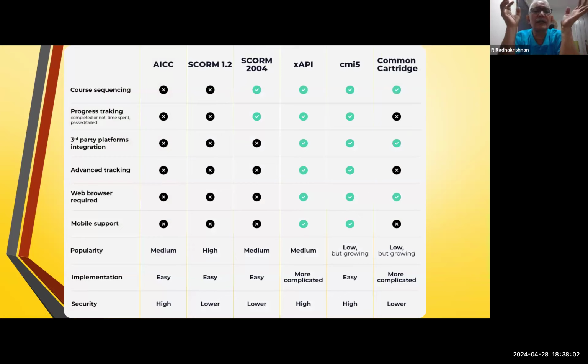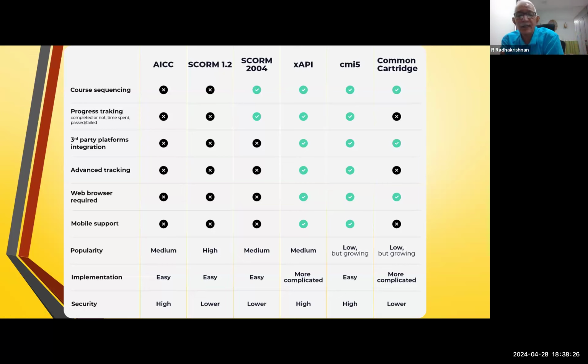When you compare AICC, SCORM, xAPI, cmi5, and Common Cartridge as various standards for managing contents, you can see how cmi5 is very, very robust. In fact, it is said to be more robust than xAPI.